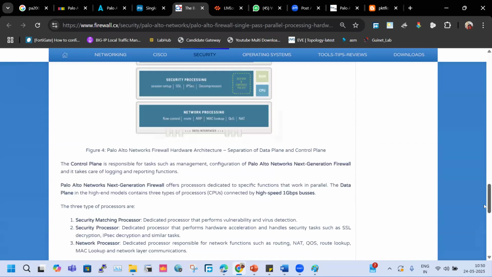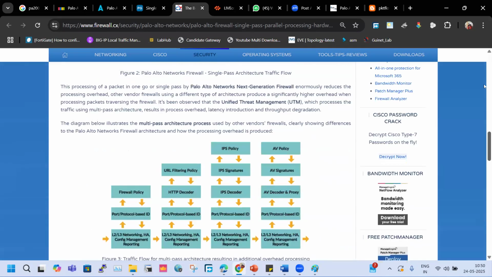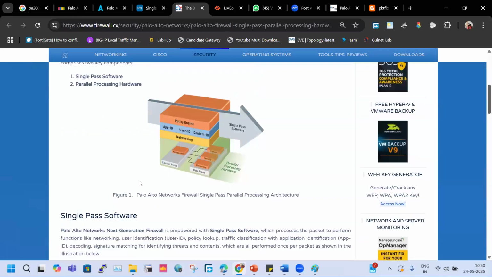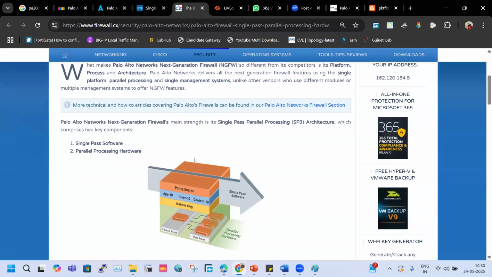Clear. So this is the way, guys, this stands out of the box and becomes very popular in the market, because it provides the SP3 architecture, single pass parallel processing. Because of the way it handles the traffic, it provides high throughput and low latency.